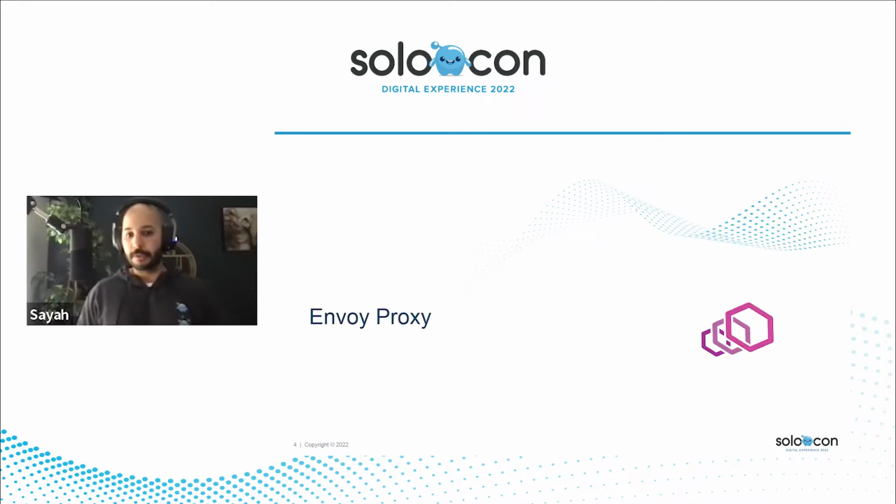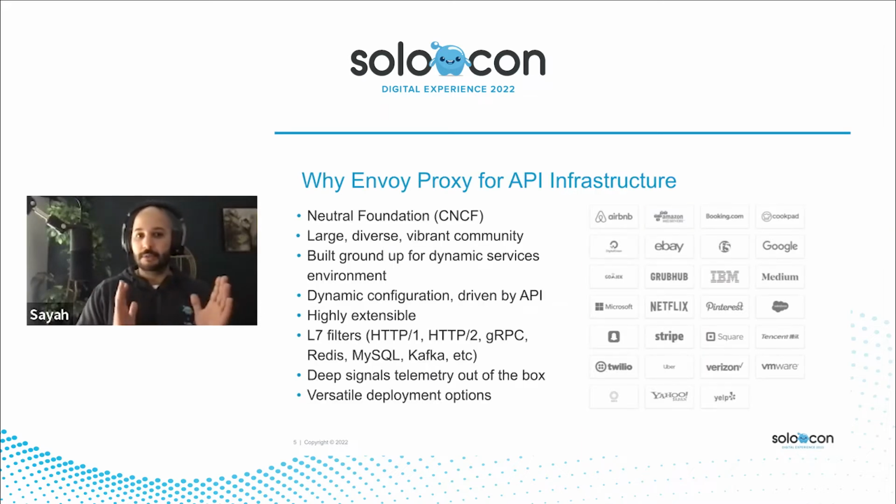So first, Envoy proxy. If you guys are familiar with it, if not, Envoy is a super powerful API proxy that is actually used mostly everywhere now. You can see it in an edge deployment securing your ingress traffic to your clusters or to your infrastructure, or it can also be used in service mesh between services.